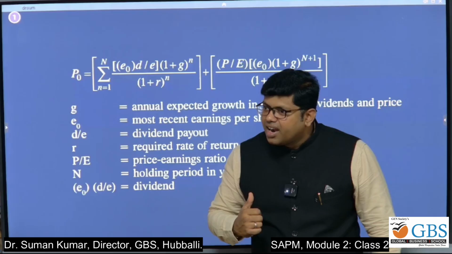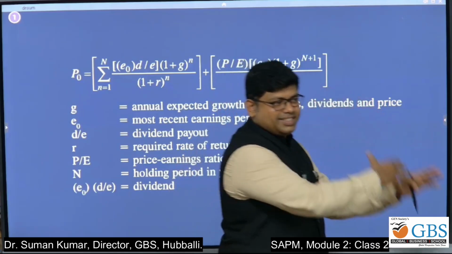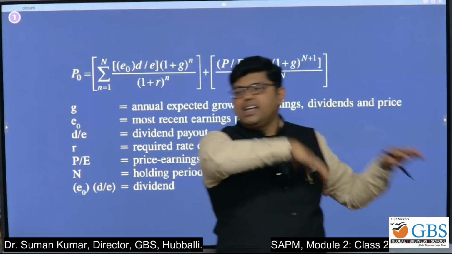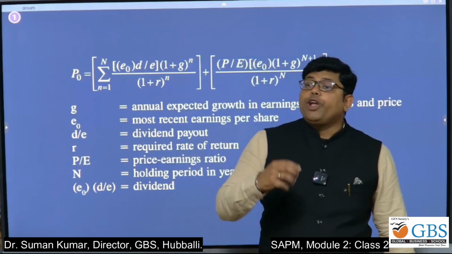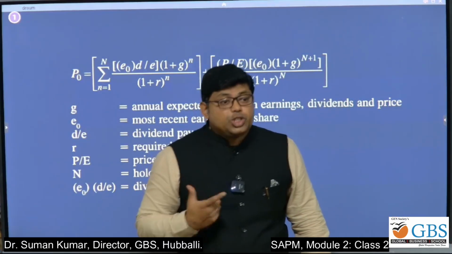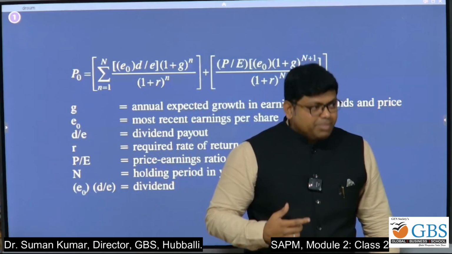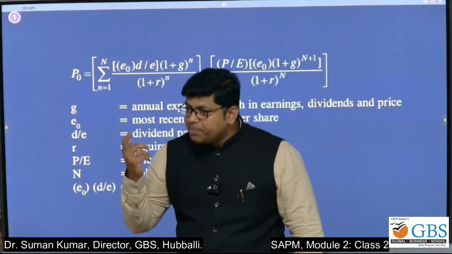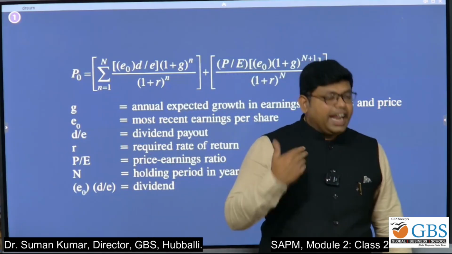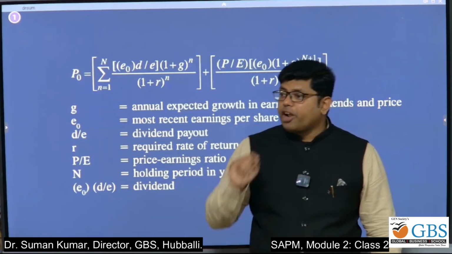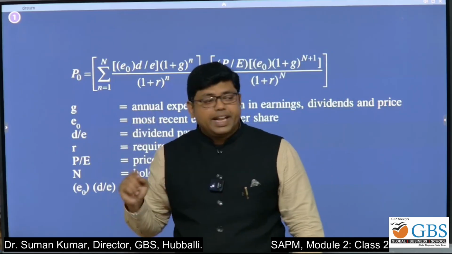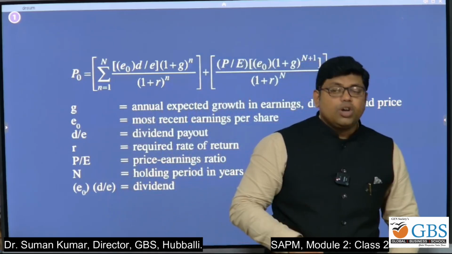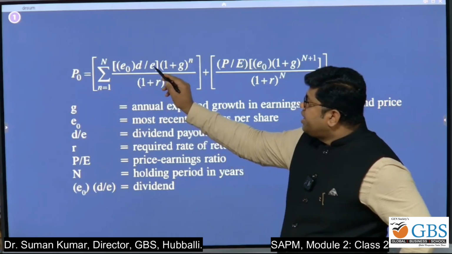Retained earnings. They again reinvest in the business. So we call that the dividend payout ratio. Sometimes it may be 100%, sometimes 50%, whatever, depending upon the requirement of funds for the company, they take a decision. So that is D by E.